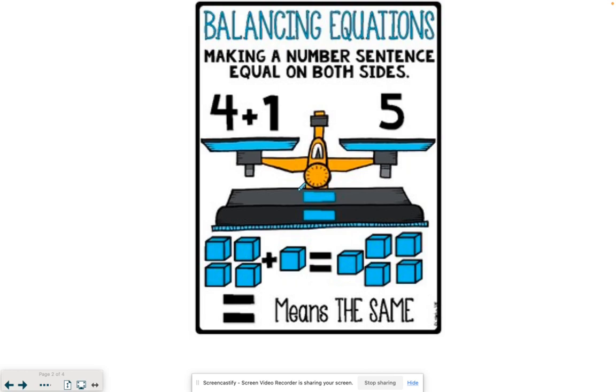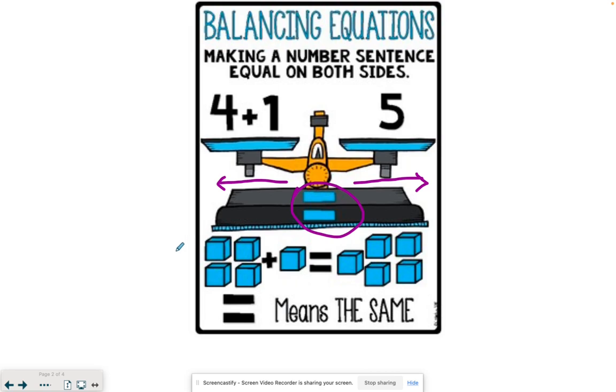If we see an equal sign in a problem, what shows up on the left side of the equal sign must be the same amount as what shows up on the right side of the equal sign.